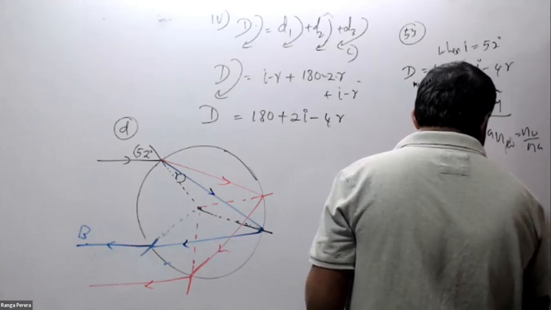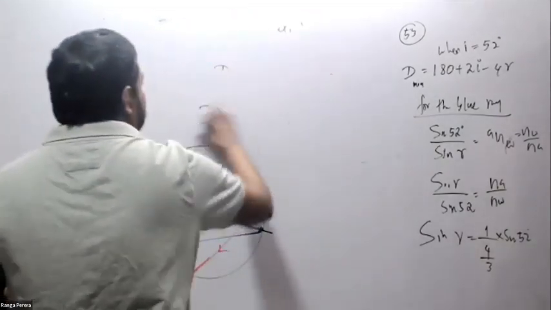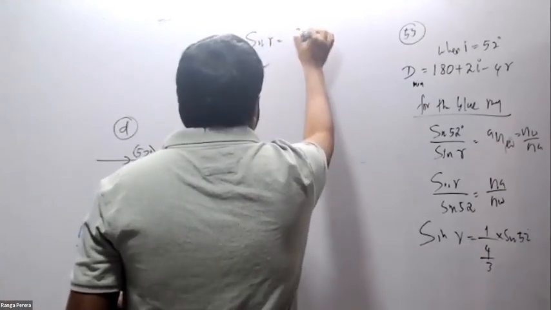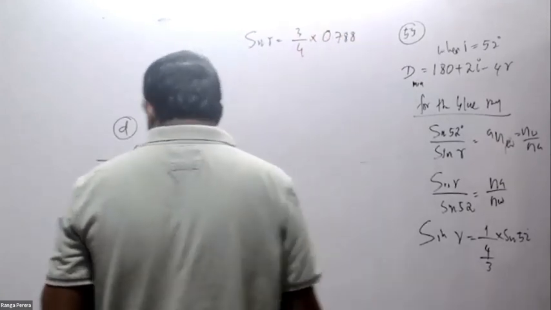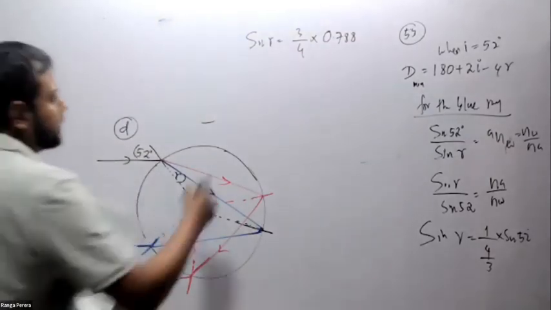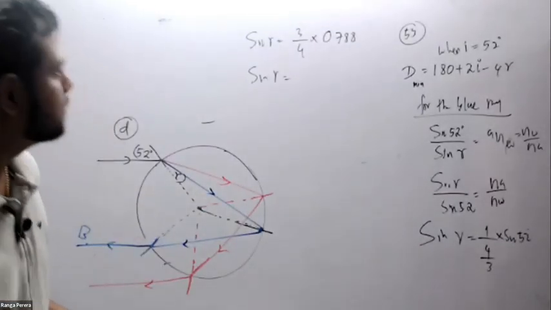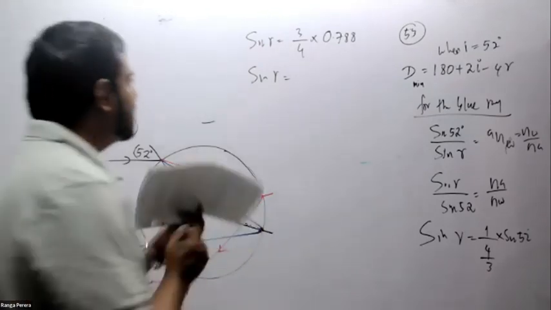So sin r equals sin 52 times 3 by 4. Sin 52 is given as 0.788. What's the value of sin r? It is 0.591.